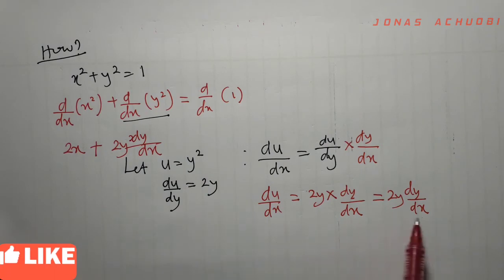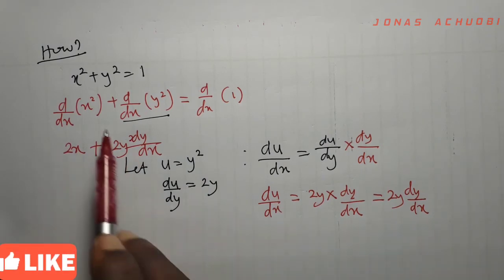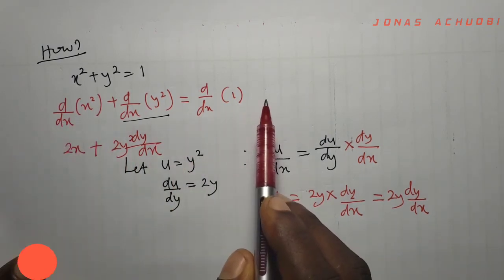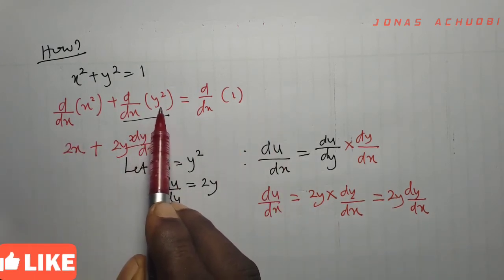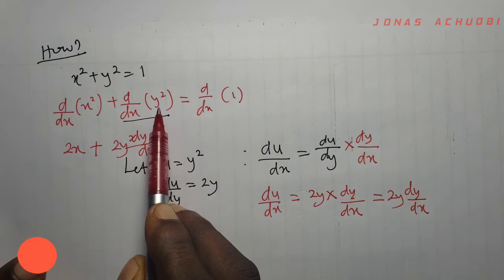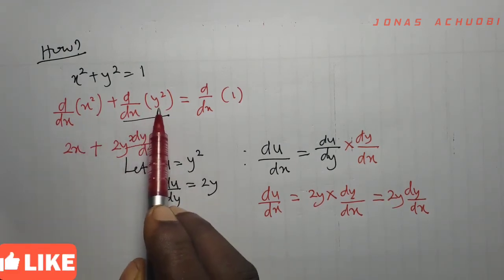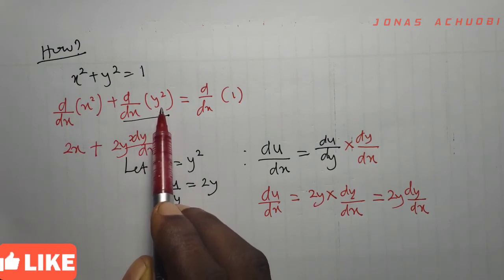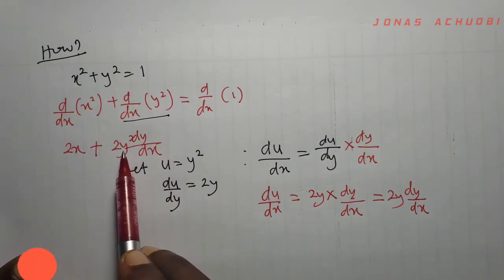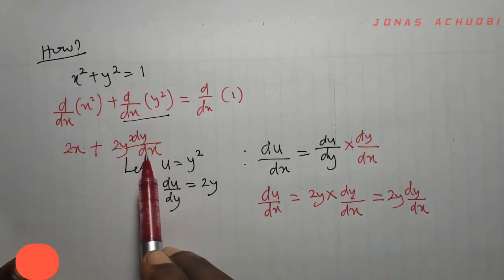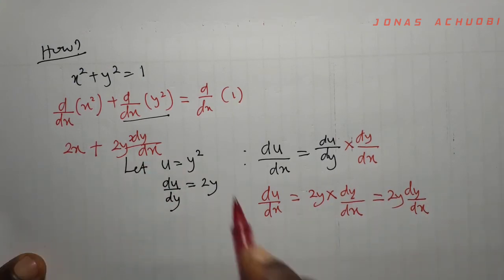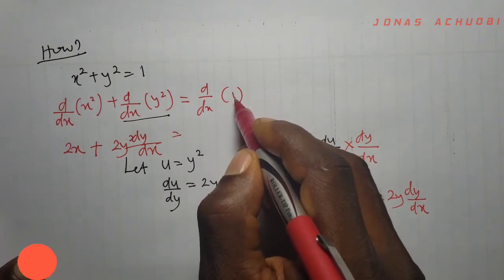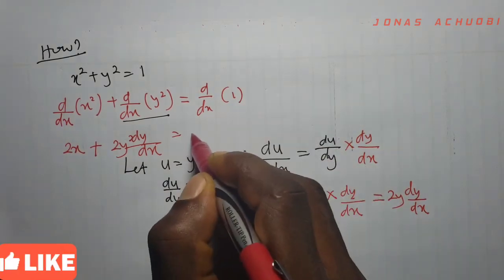The comment I wish to make here is this: when you differentiate implicitly, whenever you differentiate a function that contains y, you differentiate it as you do for x, except that you must multiply the derivative of that function by dy/dx, because of what we have just seen here. On the right, this is a constant, and when we differentiate a constant, what do we get? We get 0.